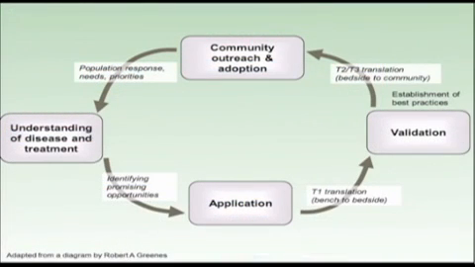Now, some of you may have seen this diagram that I've borrowed from Bob Greenes, edited a little bit. But it's this cycle of community feeding back into our prioritization of the projects we want to, where we need new knowledge and new understanding of disease, leading to the identification of promising opportunities and then their eventual application in specific projects, and taking those into the clinical setting for validation, and that's called T1 translation, translation number 1, bench to bedside research.